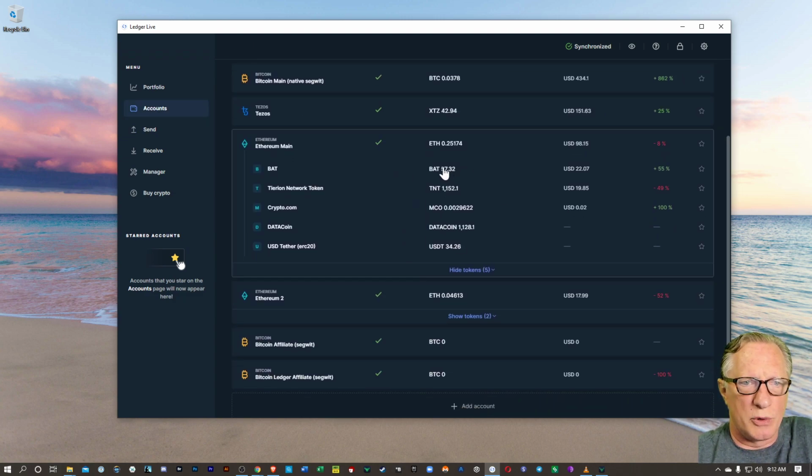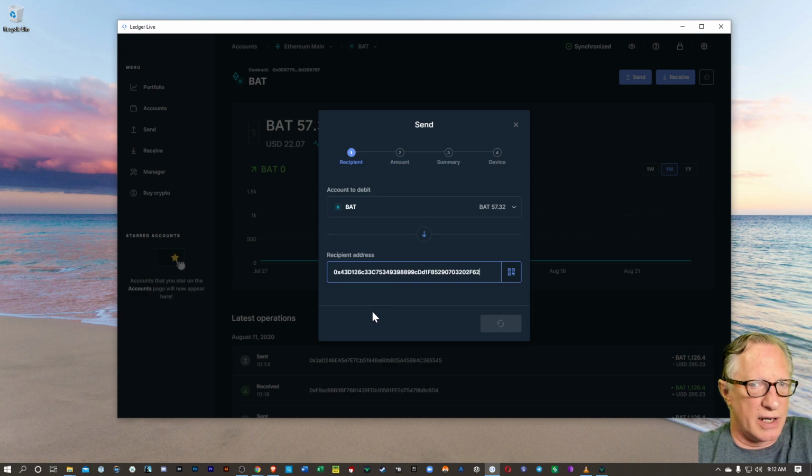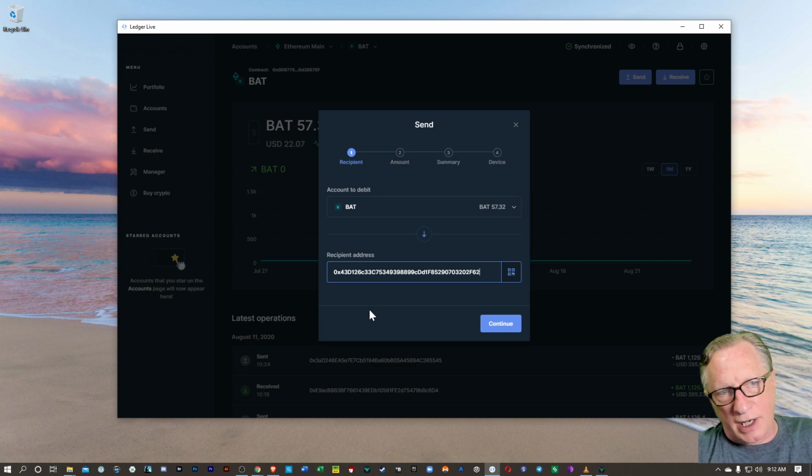So let's suppose that I would like to send some BAT to another Ethereum wallet. It could be my wallet. It could be someone else's wallet. It could be an exchange address, right? If I wanted to send my BAT to an exchange and sell it, I would go on the exchange and get their BAT address, which would be the BAT address of my account.